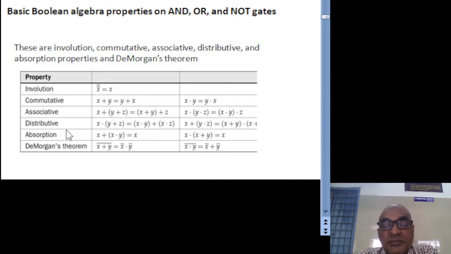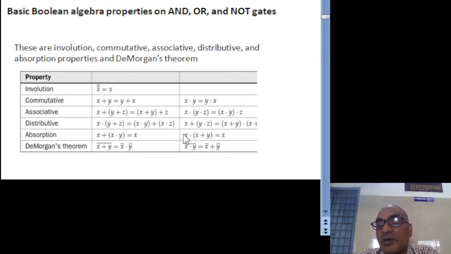Then absorption means discarding a variable. Let us observe x plus xy, the result is only x. That means y is removed.